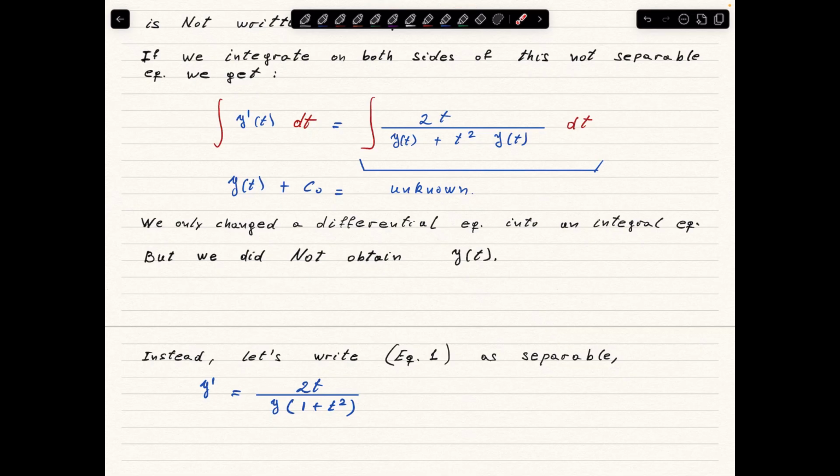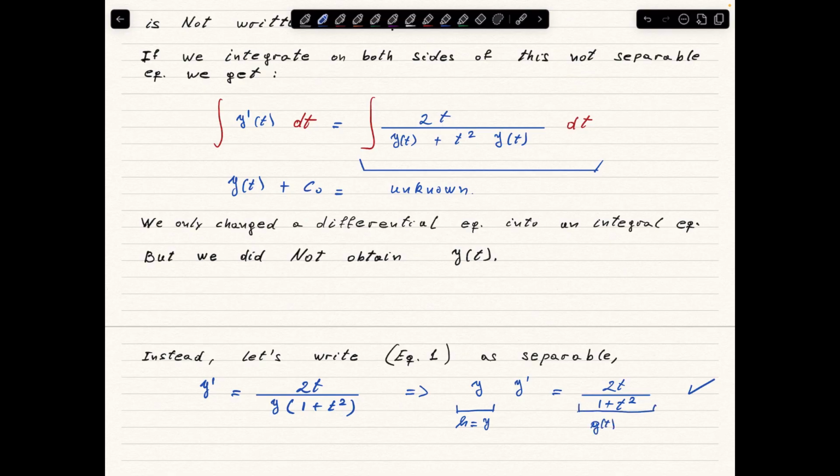Okay, so now that y, we can move it to the other side, and we are going to have y multiplied by y prime equal to 2t over 1 plus t squared. Now that equation is written as separable now, because this is our function h of y. H is just y, and this function here is g of t.